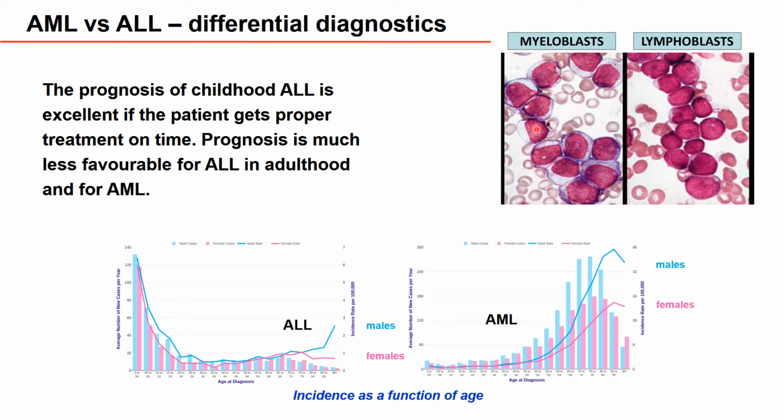If you look, for example, at the smear or the picture, they differ a little bit. Lymphoblasts usually don't have a bigger cytoplasm. They have lighter nucleated cells, as you see here, but not as much as in the myeloid one. Another thing, if you see light nucleoli, that's mostly myeloblast.